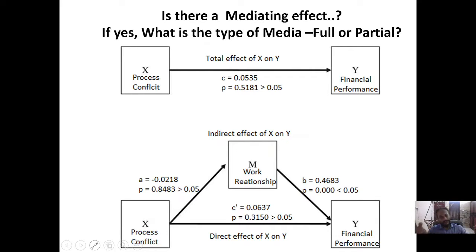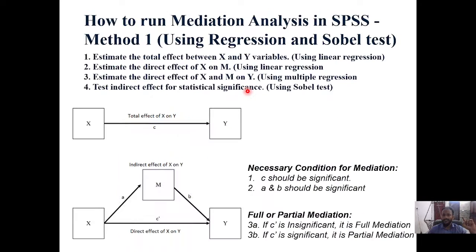Not very clear, sir, partial and full. First of all, you have to check whether the first condition is fulfilled. What is the first condition? C should be significant, and A and B should be significant. Then only you qualify for mediation.